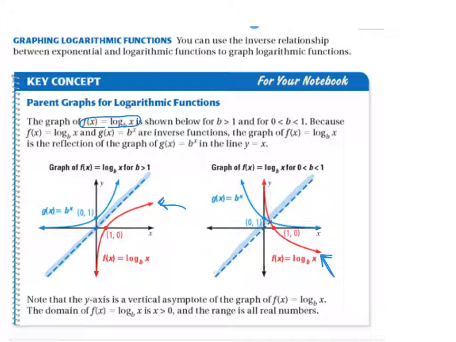So it's a reflection, which means this red curve reflects over this dotted line and becomes the blue curve.